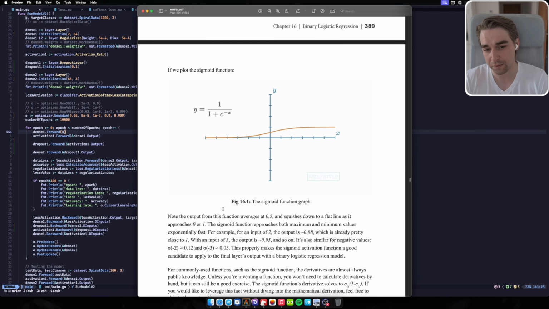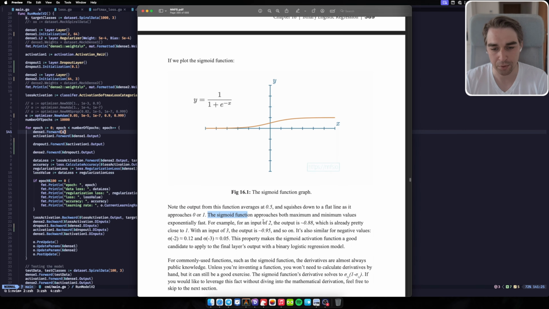Now the output from this function averages at 0.5 and squishes down to a flat line as it approaches 0 and 1. The sigmoid function approaches both maximum and minimum values exponentially fast. For example, for an input of 2, the output is approximately 0.88, which is already pretty close to 1. With an input of 3, the output is 0.95 and so on.